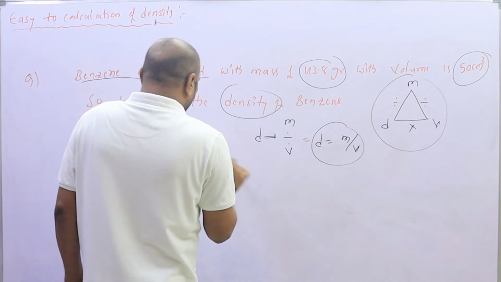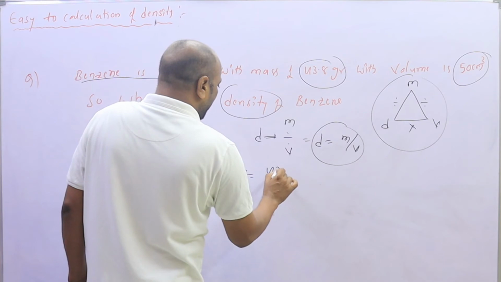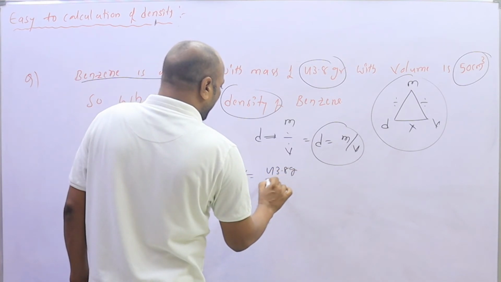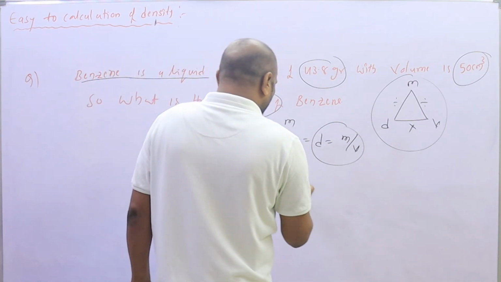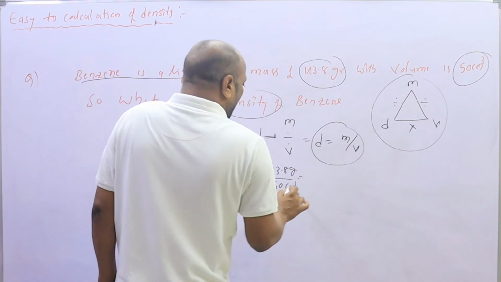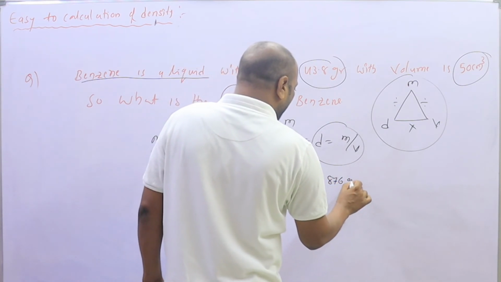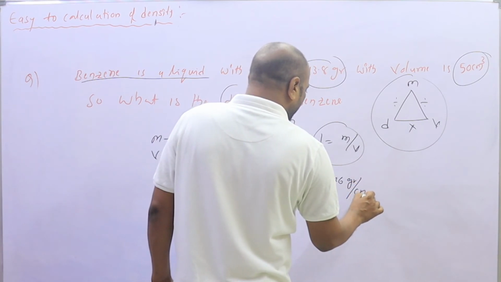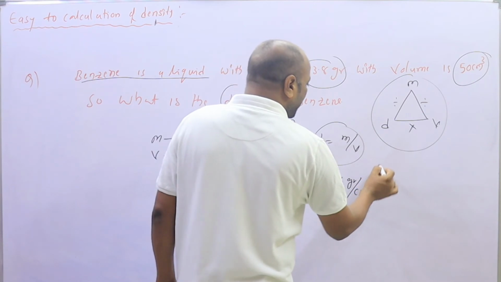It is 43.8 grams by 50 centimeter cube, which is almost 0.876 grams per centimeter cube. It is the unit of density.